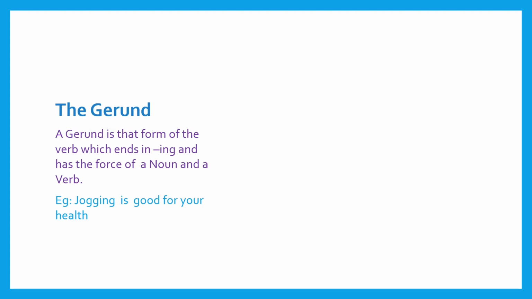So in the sentence, if we are asking a question, what is good for health? The answer is jogging. Thus, the word jogging functions like a noun, though it sounds like a verb, or it looks like a verb in ing form. So such verbs are called gerunds, and they are also called verbal nouns.